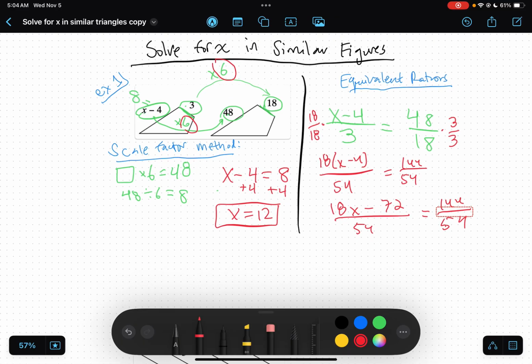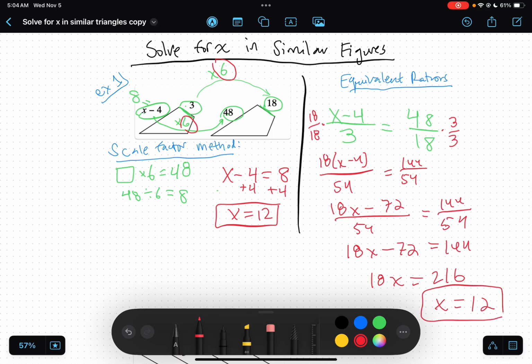Now I can ignore my denominators. And let's see what I end up with. Plus 72 equals 216. And then divide that out. 216 divided by 18. And I get 12.